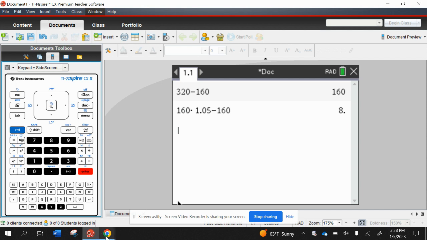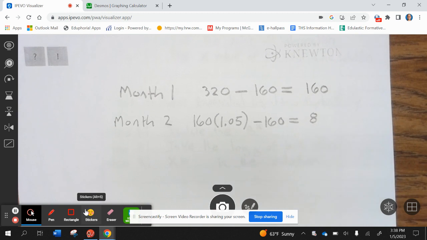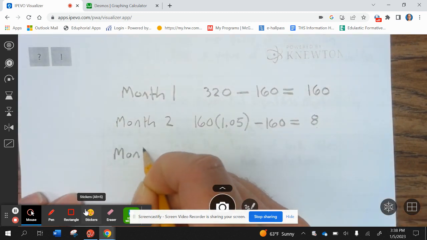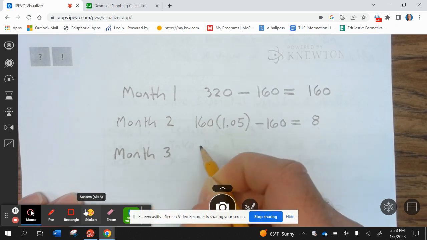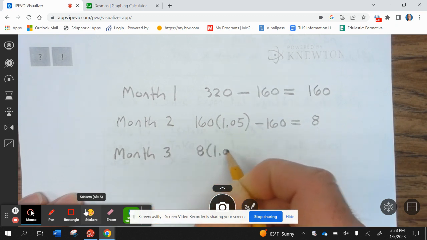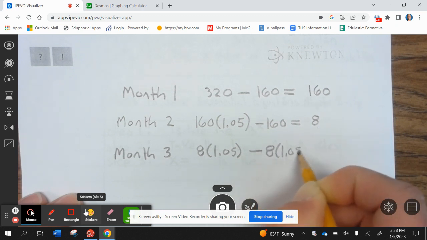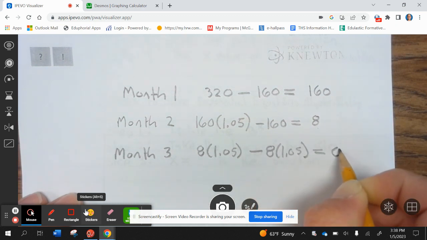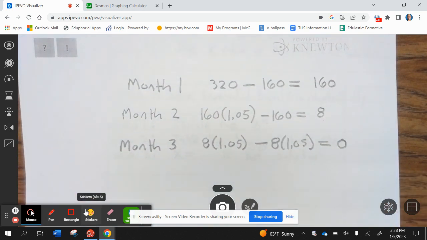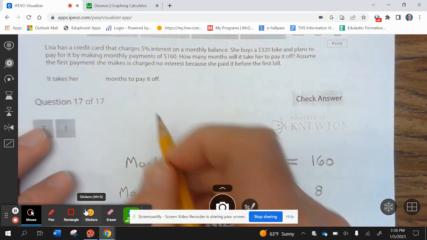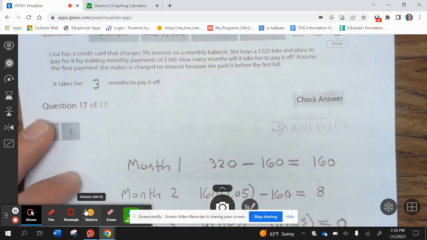So in month 2 she owes $8. So month 3, we need to take 8 times 1.05 and subtract 8 times 1.05, which would be 0. So it takes her 3 months to pay it off.